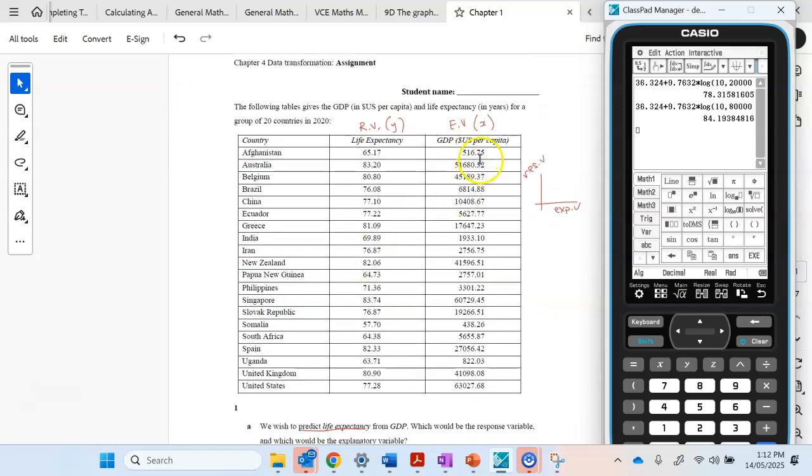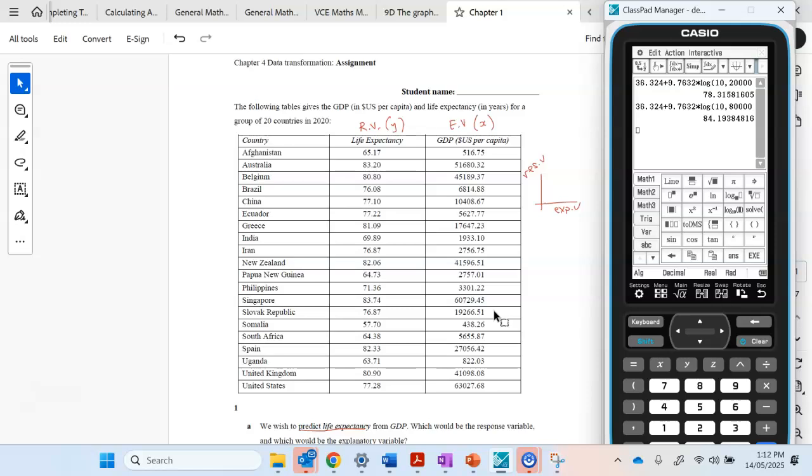GDP, I don't know what the lowest is, 438, and then our highest, Singapore looks quite high, 60,000. So 20,000 is between those two values. So you're interpolating. It's interpolation within the data set.